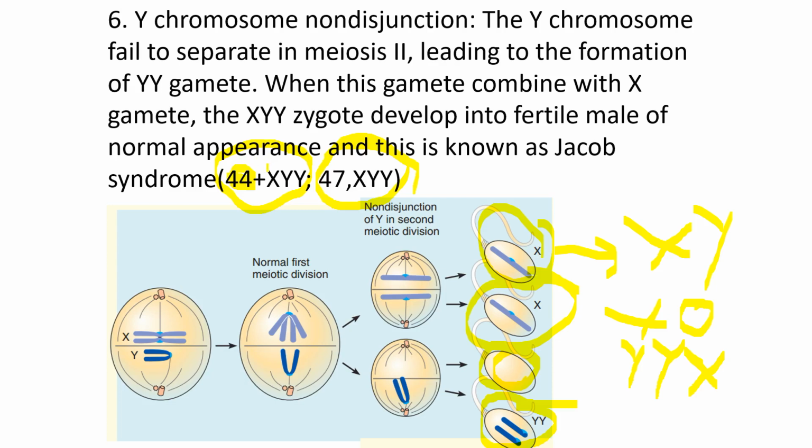By right you should get 44 plus XY. A normal individual will give 44 plus XY. But Jacob syndrome is 44 plus XYY, or you can write it as 47 XYY. Why 47? 44 here plus 3 sex chromosomes here. How much do you get? You get 47.